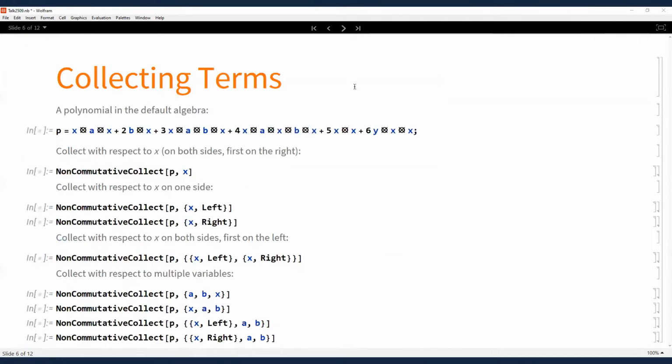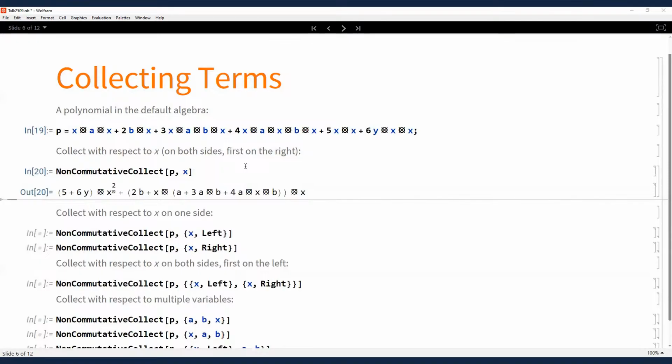Now let's talk about collecting terms in a polynomial. So let's define a polynomial. Now collect with respect to x on both sides. So here x was pulled out on the right. Here it was pulled out on the left, here on the right. Now let's collect with respect to x only on the left.